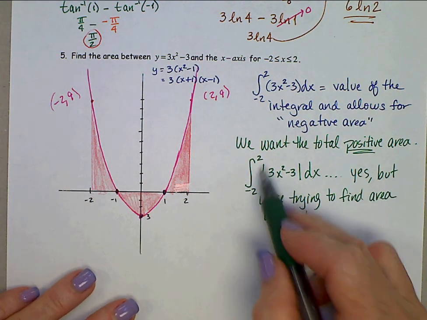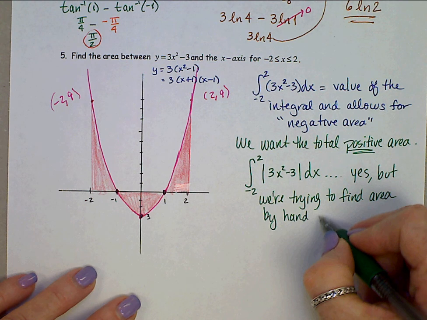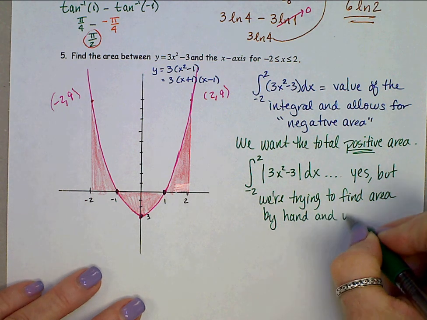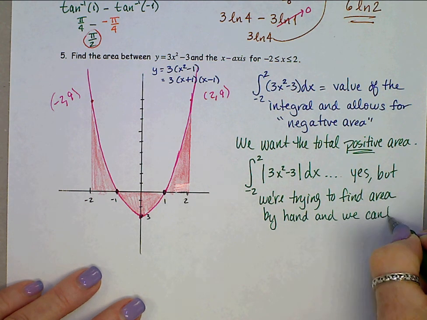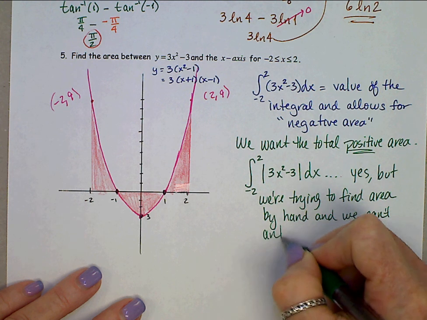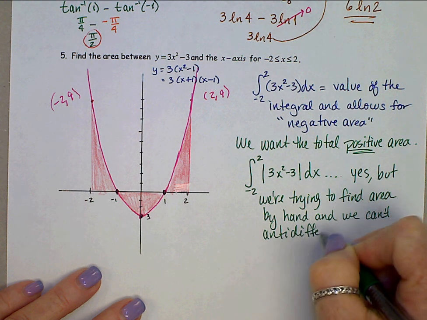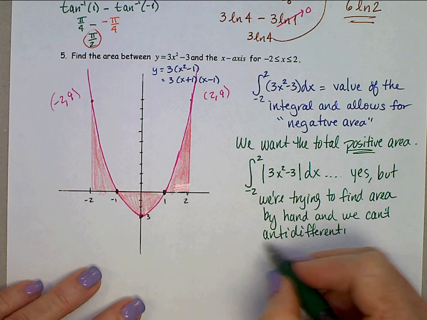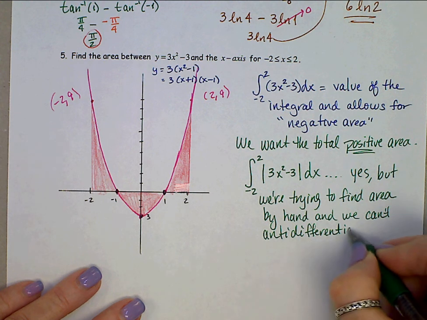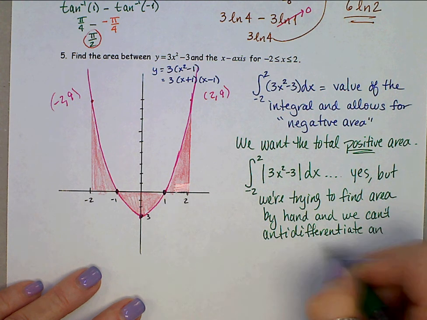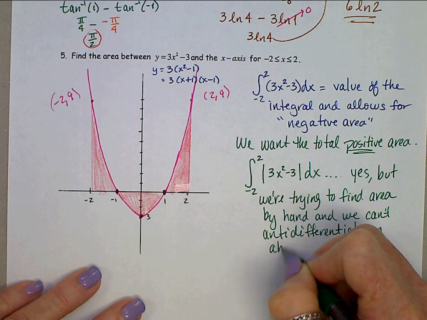And we can't anti-differentiate an absolute value.